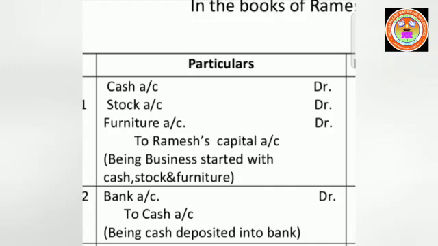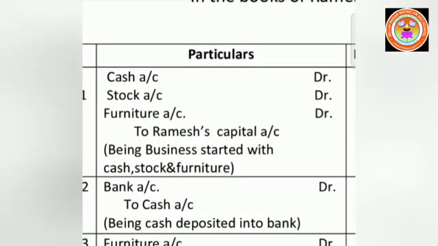Compound entry means we have more than one debit or more than one credit or both in the same entry. We can pass this type of compound entries to simplify 2 or 3 transactions combinedly in a same entry.